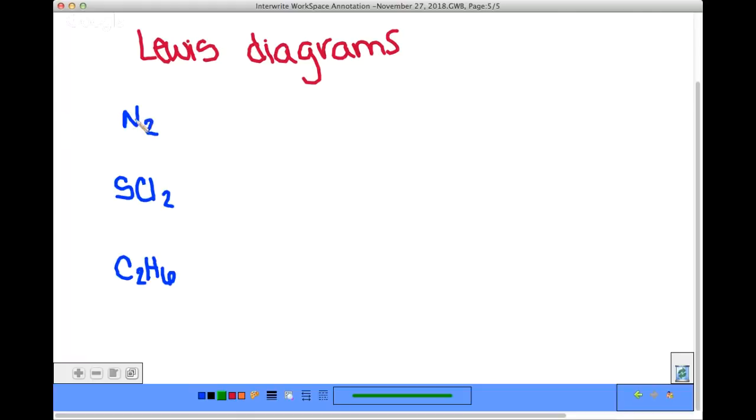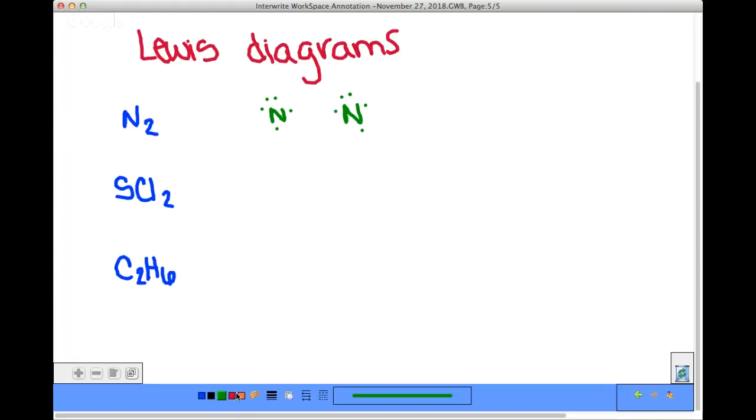In my first example, I have two nitrogens bonded together. So I'm going to draw nitrogen, and if you look on your periodic table, you see what row it is, and you can find out that nitrogen has 5 valence electrons. So I'm going to draw two nitrogens. Each of them has 5 valence electrons.